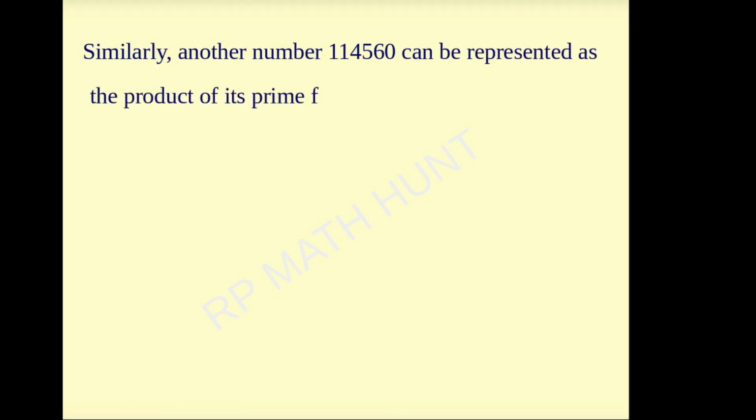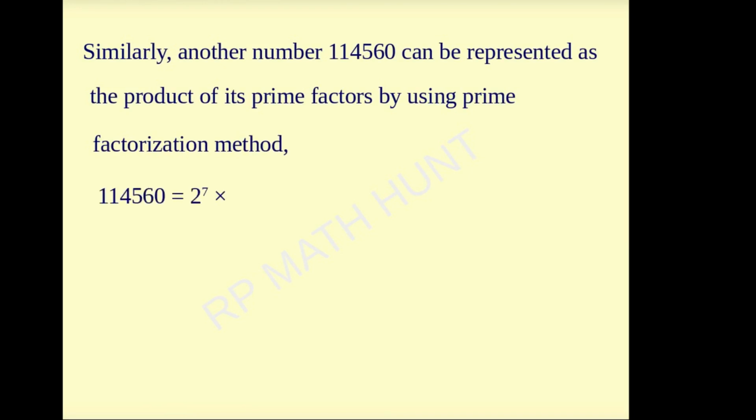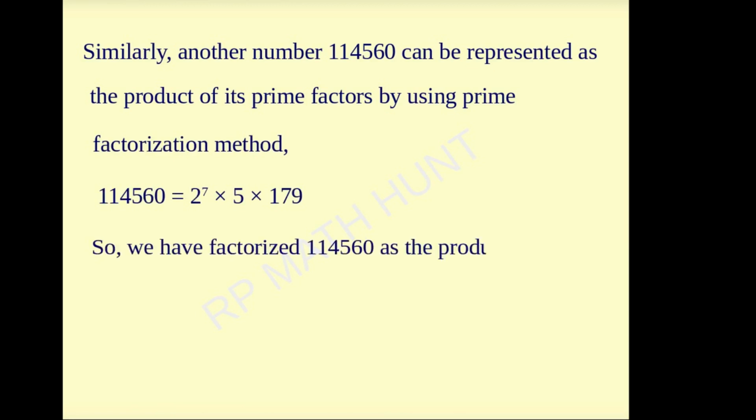Similarly, another natural number, 1,14,560, can be represented as the product of its prime factors by using the prime factorization method. 1,14,560 equals 2 to the power 7 into 5 into 179. So we have factorized 1,14,560 as the product of the powers of its primes.